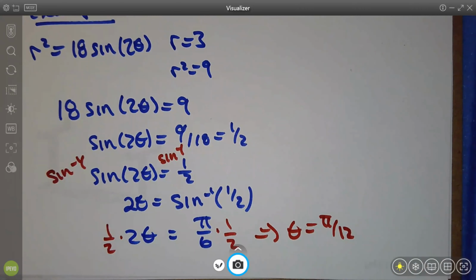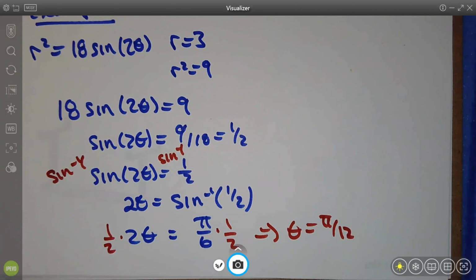So let's take a look back at our graph. Now on Desmos, if you'd like to, what you can do, it's kind of nice, is switch from a normal grid to a grid in polar. And that's kind of helpful because it certainly seems to confirm some of our intuition that, for instance, this is pi over 6, and halfway between 0 and pi over 6 is going to be this point right here, pi over 12.